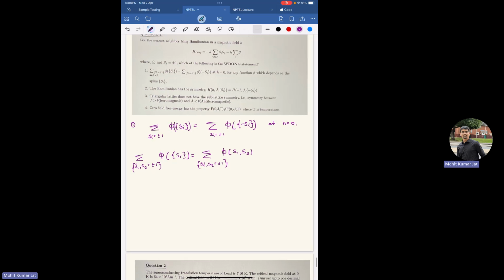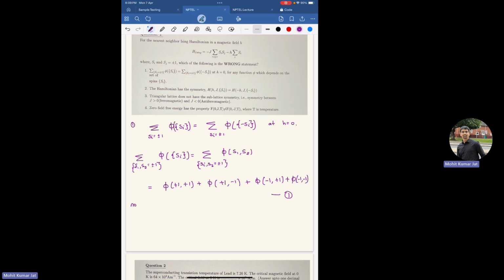Let's expand this. So I'll be writing all four combinations: phi plus 1 plus 1, then since they are in summation, phi plus 1 minus 1, plus phi minus 1 plus 1, plus phi minus 1 minus 1. So this is our equation number 1.